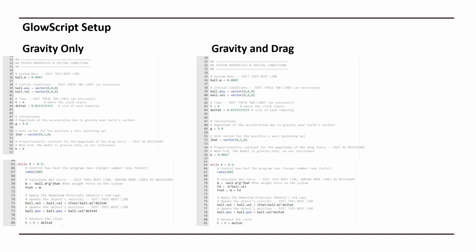We set this up using a delta t of 0.03, or 1/30th of a second, to match our 30 frames per second in the video. We also used the velocity and position update formulas in each code to calculate the iterations, as you can see.